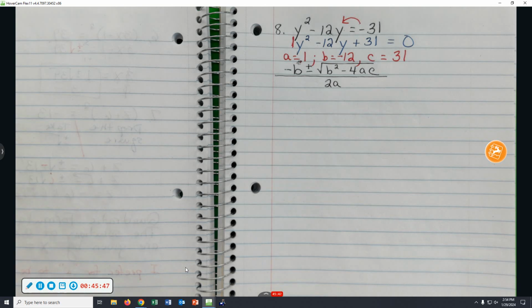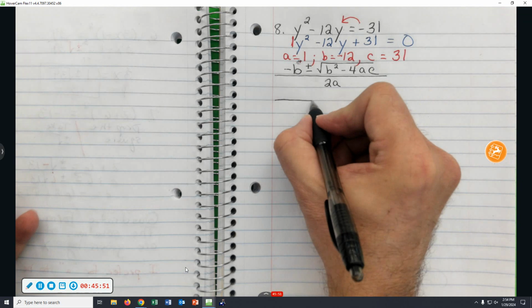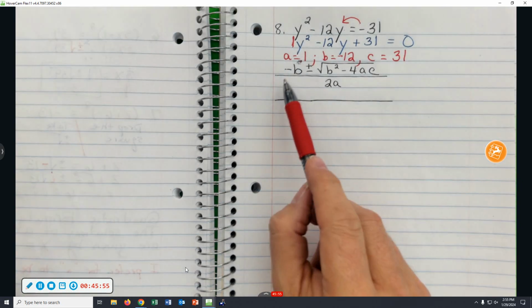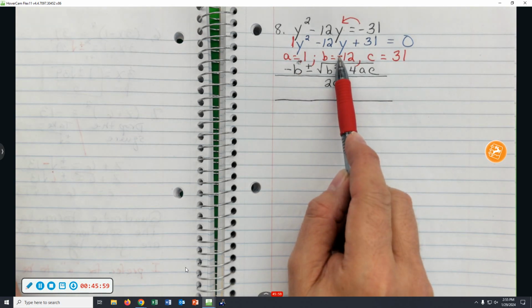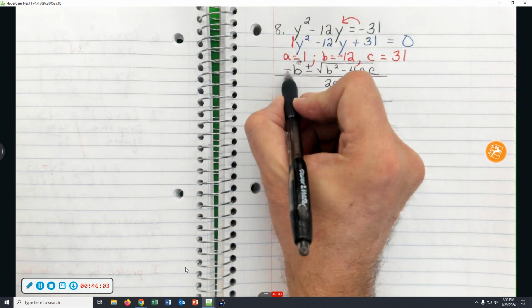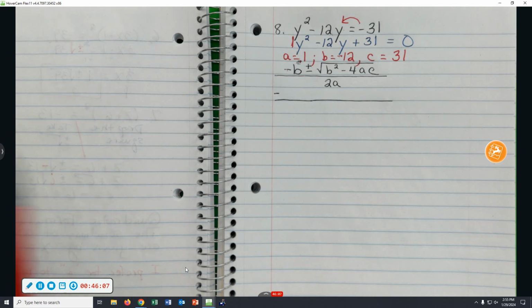So I'm going to get started. I'm drawing my fraction bar. Now this says negative B. Well, B is negative 12. So we have 2 negatives. We have a black negative and a red negative. Did y'all hear that?